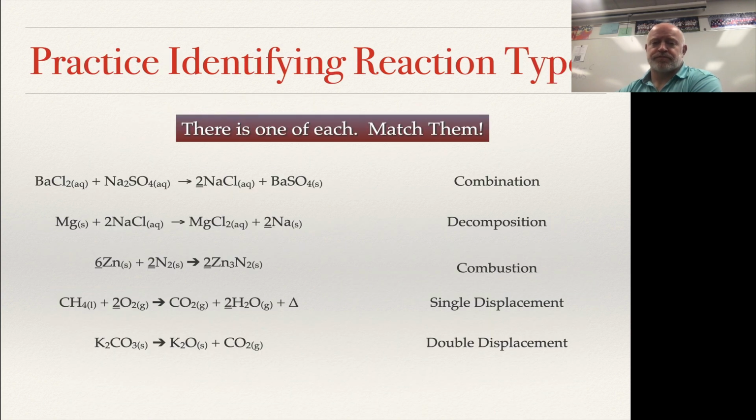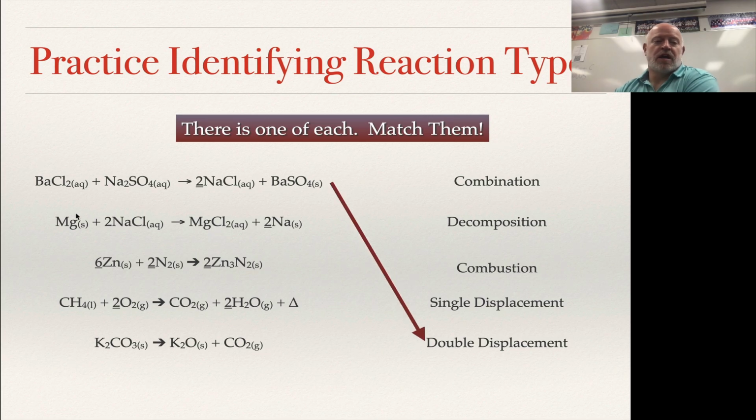Okay, so the last slide we want to take a look at is about identifying the reaction types. If we take a look here, we have 5 different reactions and we have our combinations here, so we want to match them up. Here I have a compound, two elements together, plus two elements together. Two compounds as reactants tell me that this has to be double displacement.